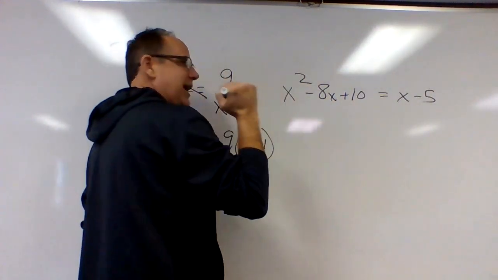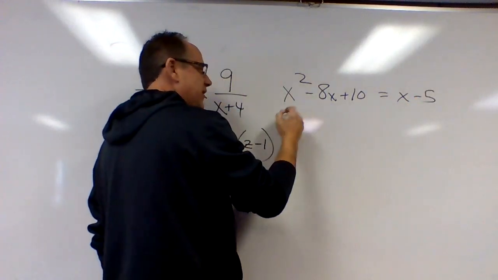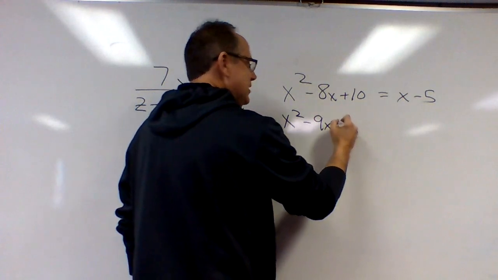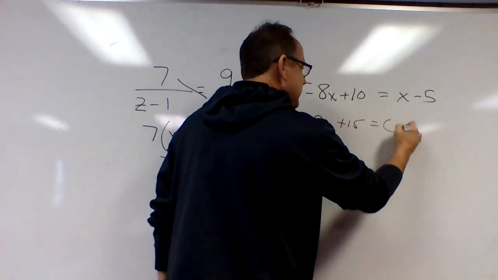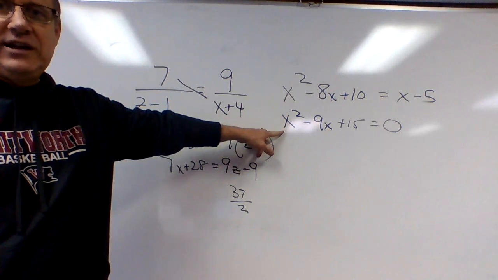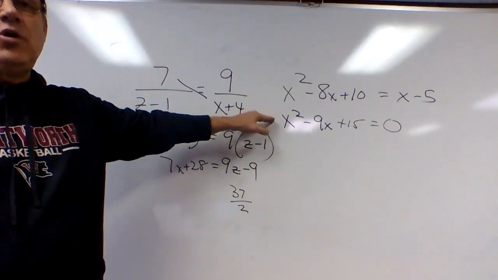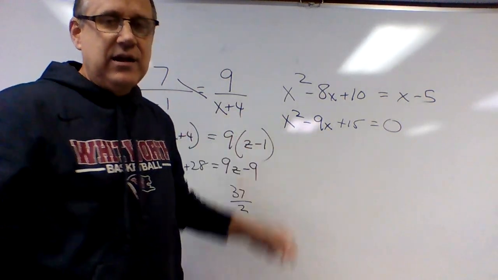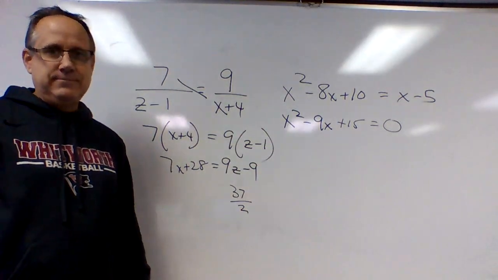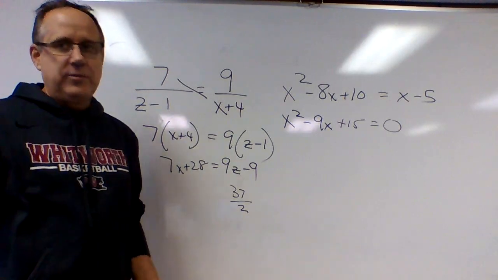If you have a quadratic, bring everything over to the other side. x squared minus 9x plus 15. And then to solve it, you have to solve it either by factoring or using the quadratic formula. Okay? Quadratic formula.